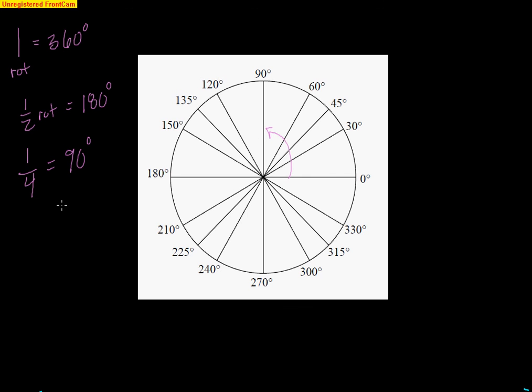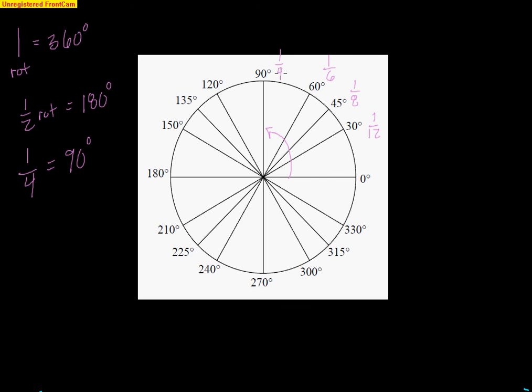So 30 degrees out of 360 would be 1/12 of a circle. 45 out of 360 would be 1/8 of a circle. 60 out of 360 would be 1/6 of a circle. And then, like I said, 90 out of 360 would be 1/4 of a circle.